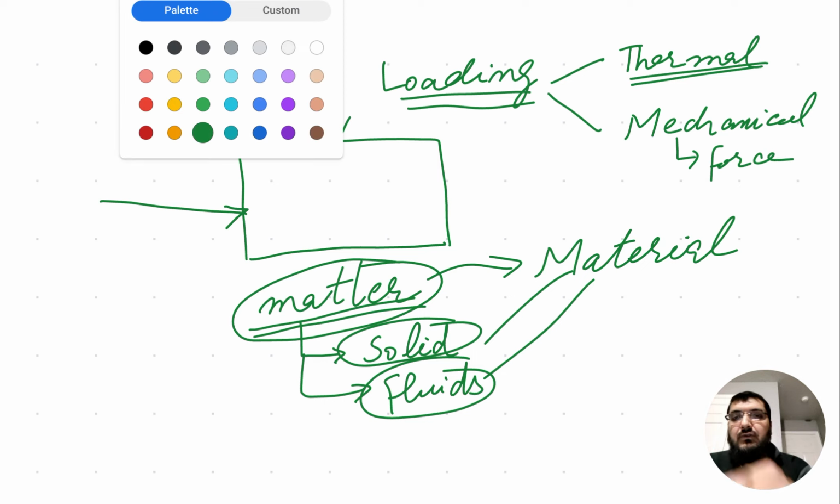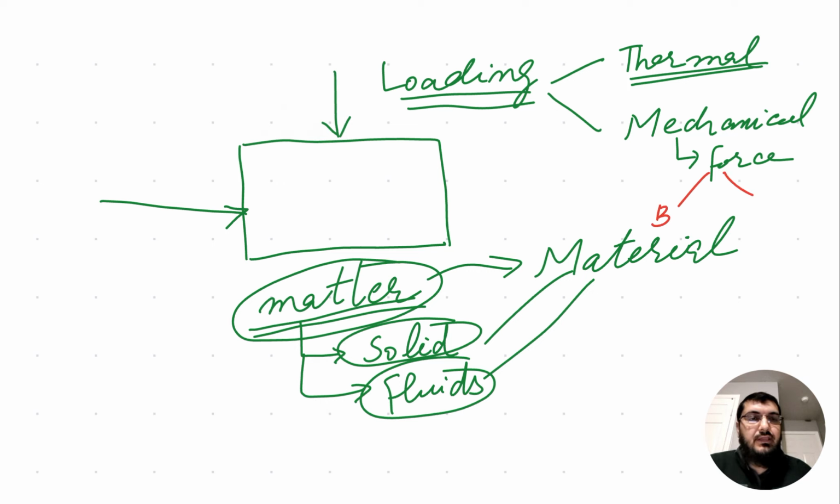And we all know force can be body or surface. Body force is the force acting over the volume of a whole body, and surface force is the force applied over an area. Like when I apply compressive force over a material, it is called a surface force.